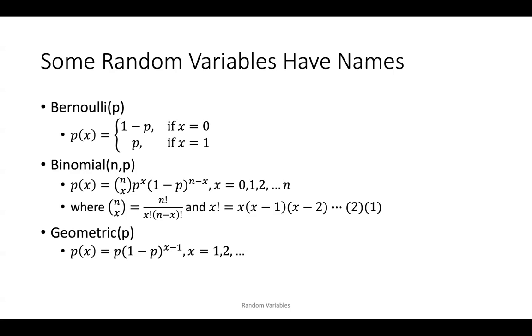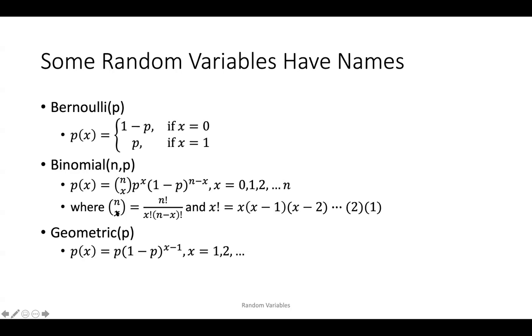The binomial with parameters n and p: in general, the probability mass function evaluated at x is n choose x times p to the x times (1 minus p) to the n minus x, for x equals 0 up through n.